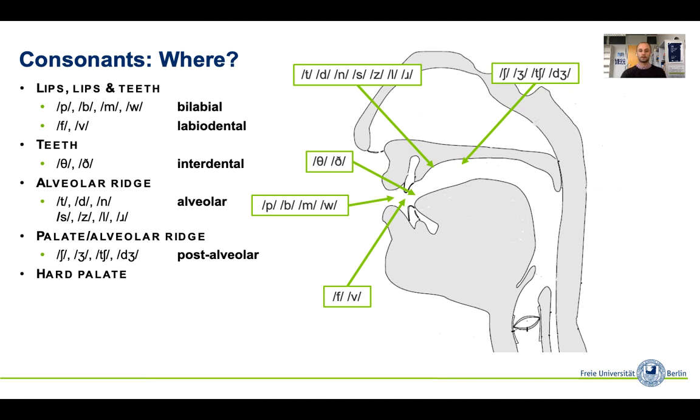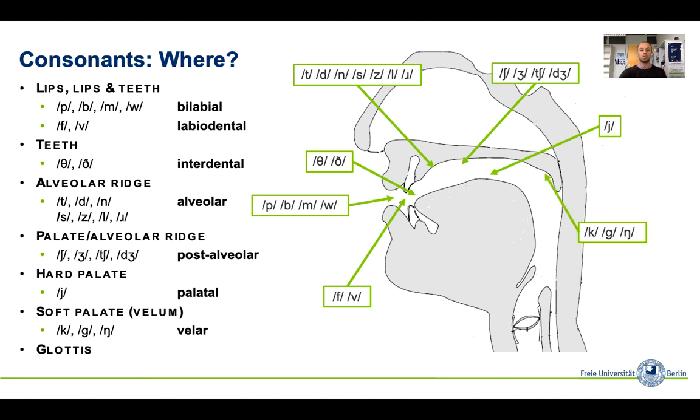We also have consonants that are produced even further back in the mouth at the hard palate. This would then be a palatal consonant, in English, y. Then consonants produced at the soft palate, the so-called velar, are the velar sounds k, g, and n.